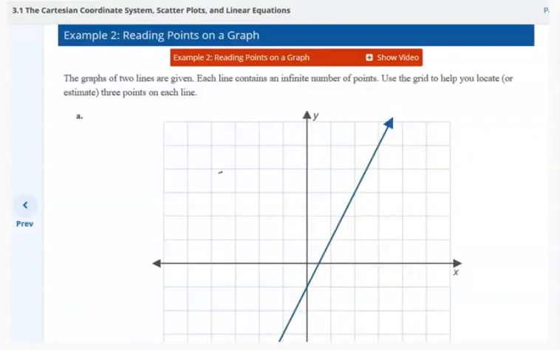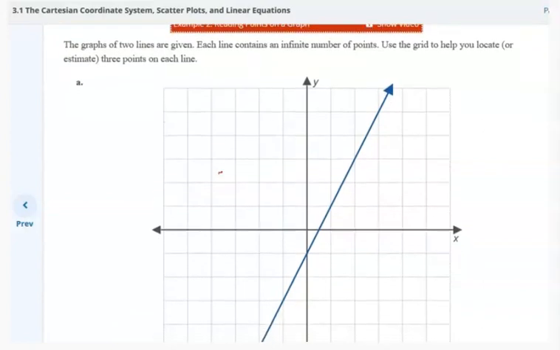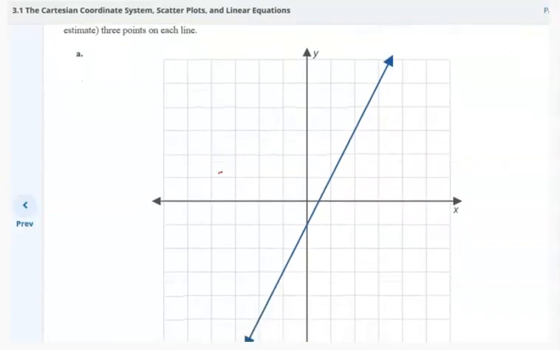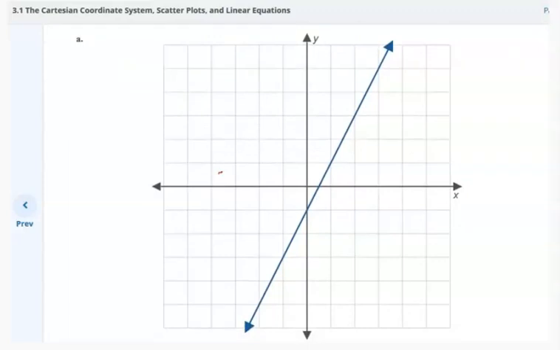Now, for example 2, they're giving us a graph, and you don't need to draw the graph, but they're asking us to identify some of the points on the graph. So what do you look for when you get an example like this? And I believe the answer would be places where the line crosses the grid.